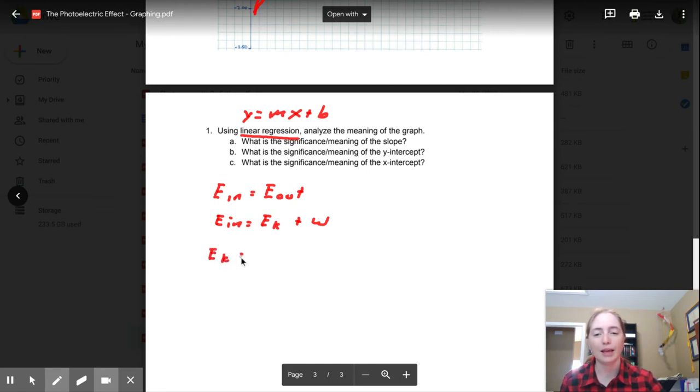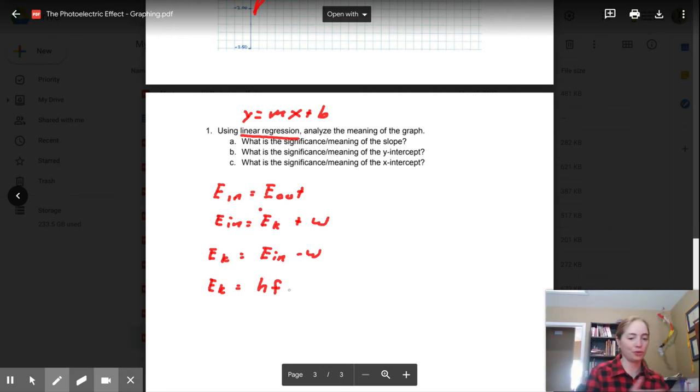So my EK is going to equal the energy of incidence, wrong sign, minus the work function. Okay? So, ladies and gentlemen, remember that the energy going in is going to equal HF. Now remember, previous equation, you can find that beautiful equation in your data sheet.